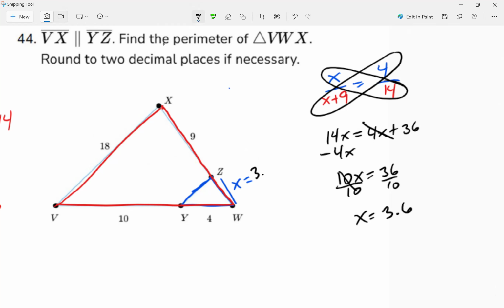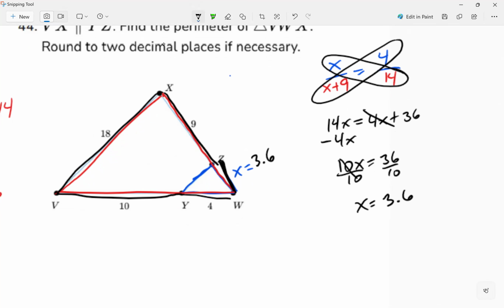If you don't want to deal with decimals yet, call it 36 over 10. And then on our calculator, we're going to add 3.6 plus 9, because I'm adding all the sides, plus 18, plus 10, and then plus 4. I said I'm adding all the sides because that's what perimeter is. My perimeter is 44.6.